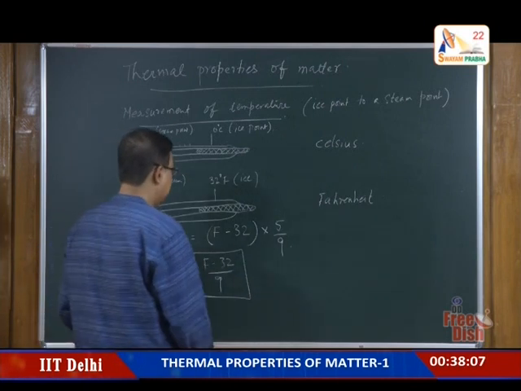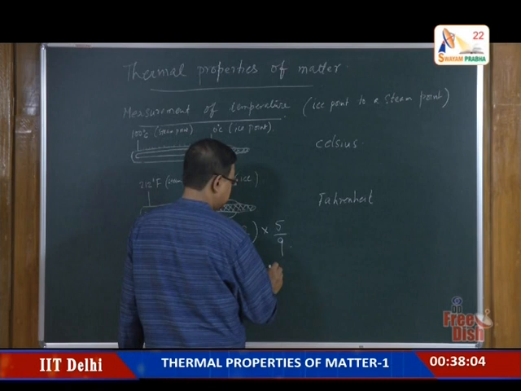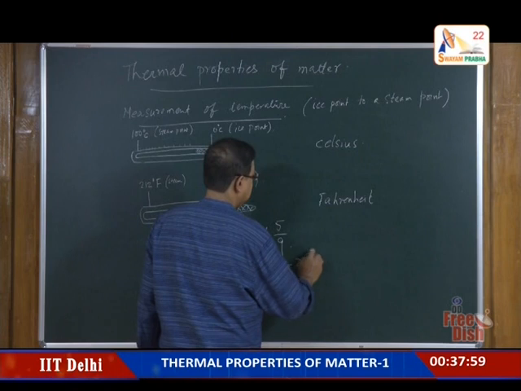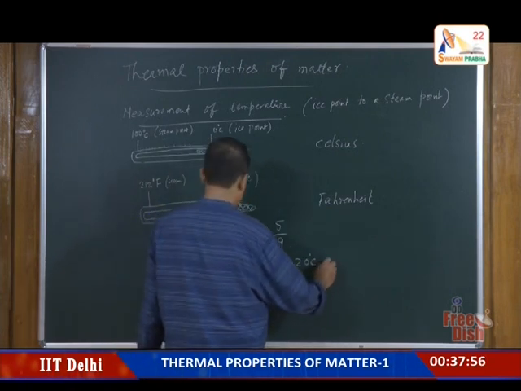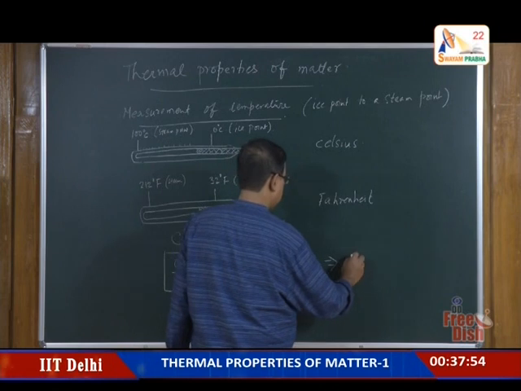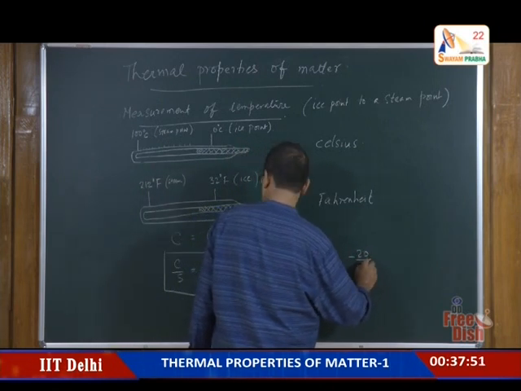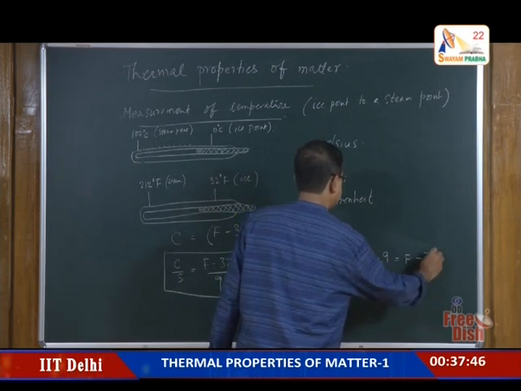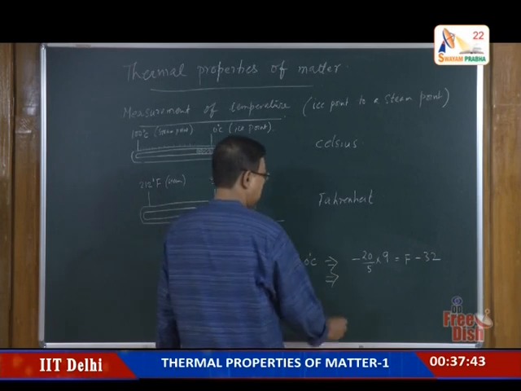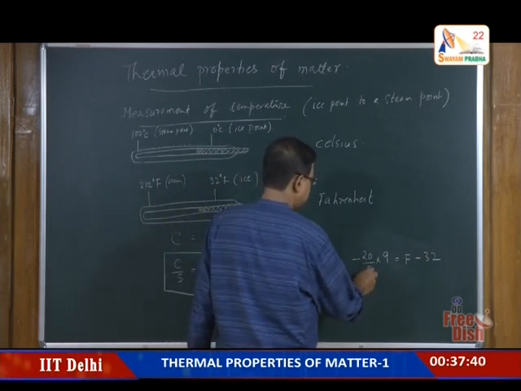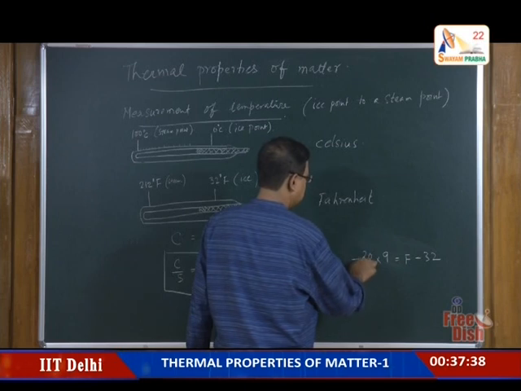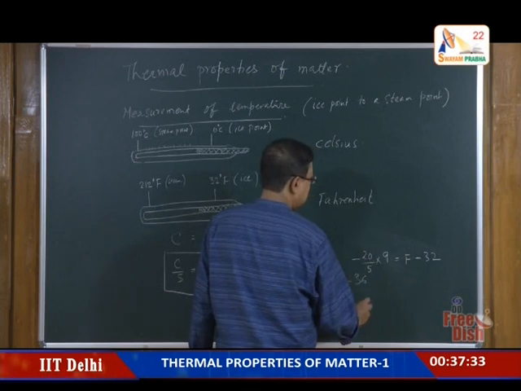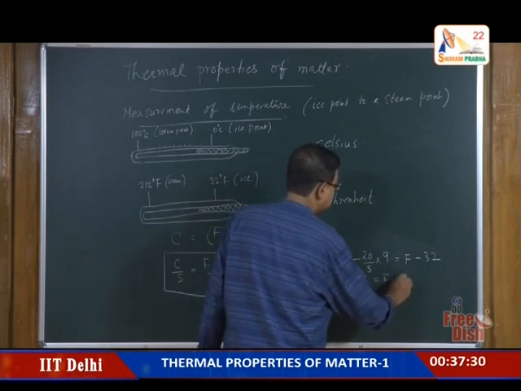So you can understand that a reading of minus 20 degrees centigrade would correspond to minus 20 over 5 into 9 is equal to F minus 32. So this is minus 180 over 5, which is minus 36, equal to F minus 32.